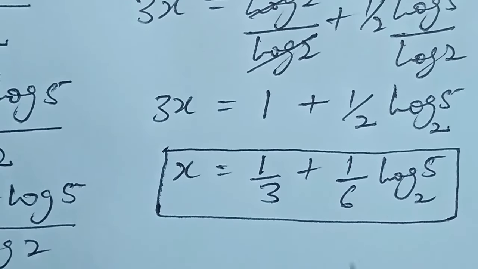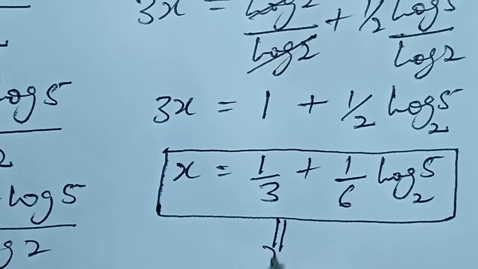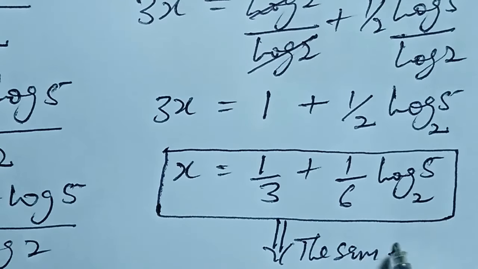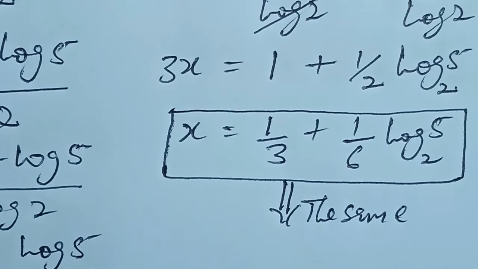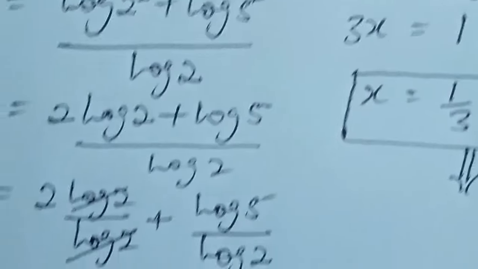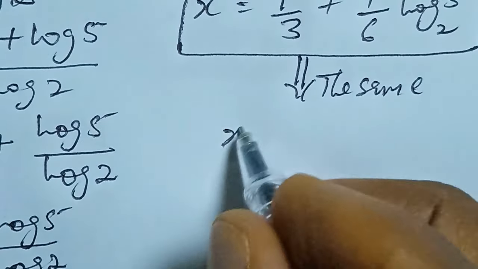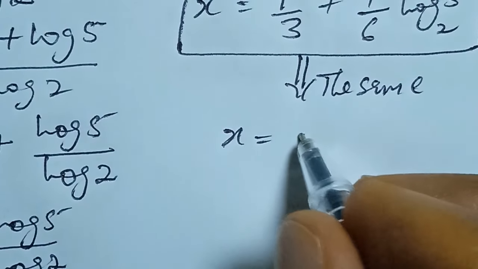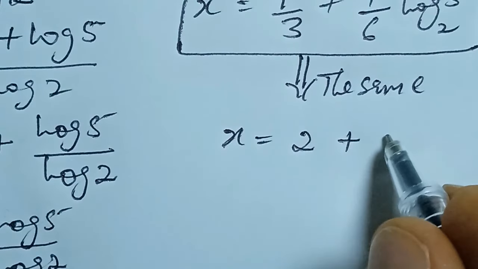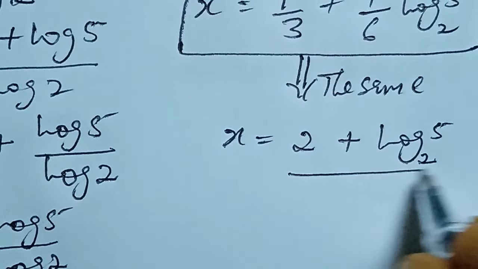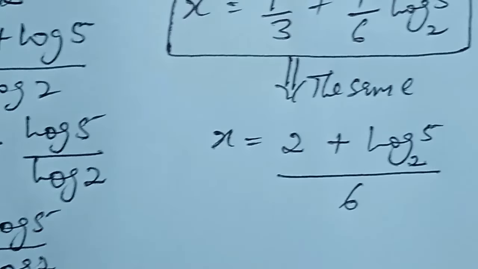So this value is the same as the previous value that we got earlier for x, which is this over here. So x is also equal to 2 plus log 5 base of 2, everything over 6.